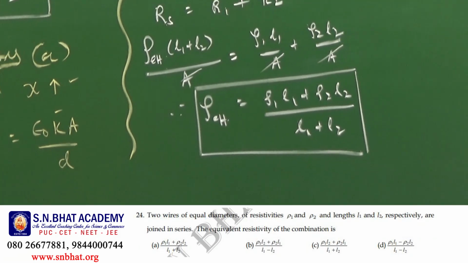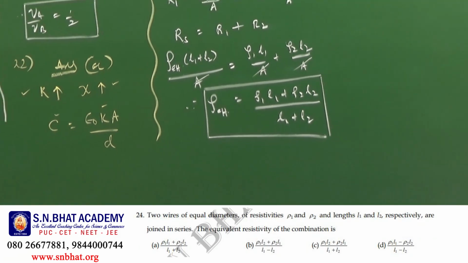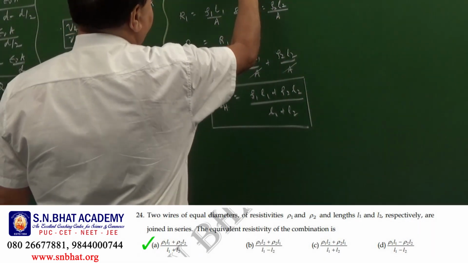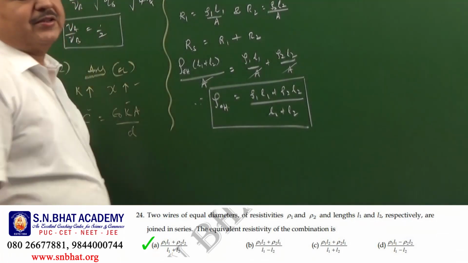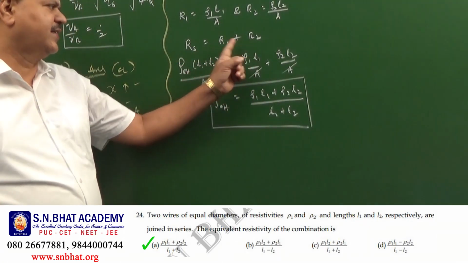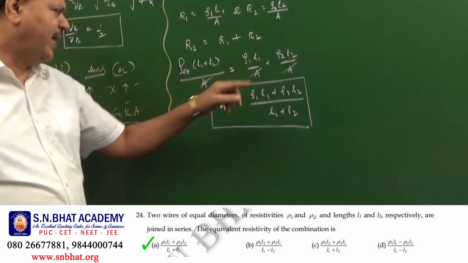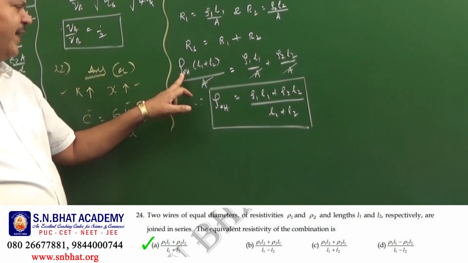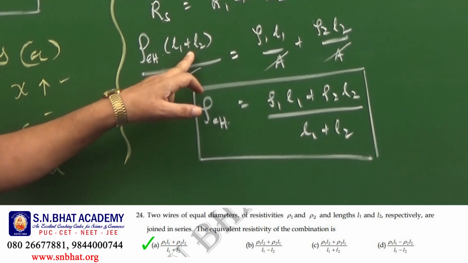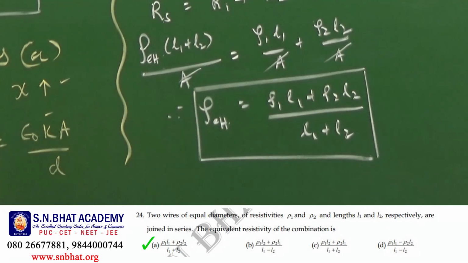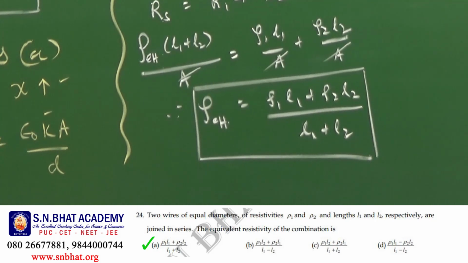So the appropriate answer is A for this question. It goes by the series combination of resistors, RS is equal to R1 plus R2. R1 is known, R2 is known. RS effective means rho effective into L1 plus L2, the two get added. It is A. Area is constant everywhere, the diameter is the same. Therefore this is the answer for the question.